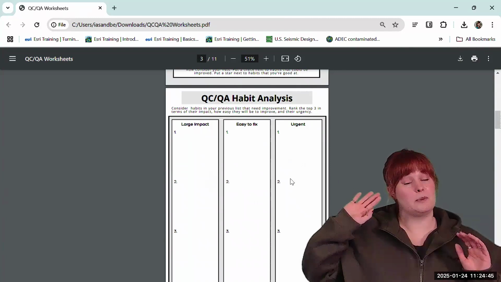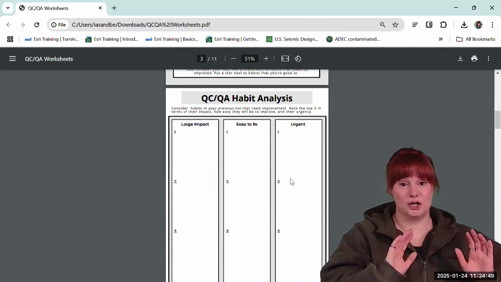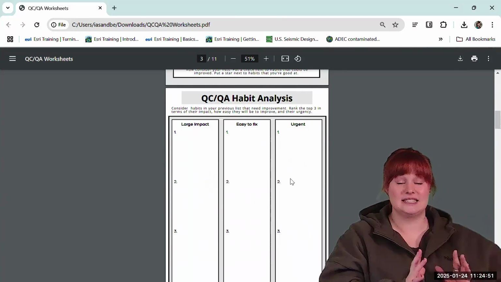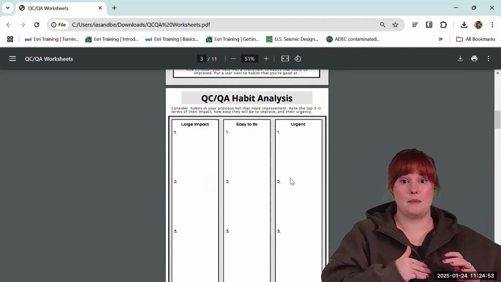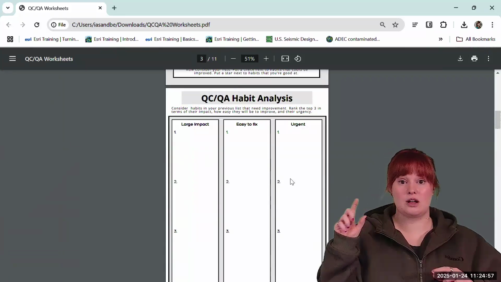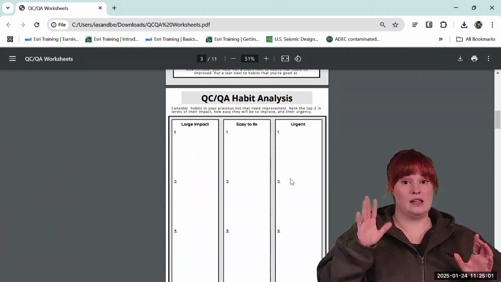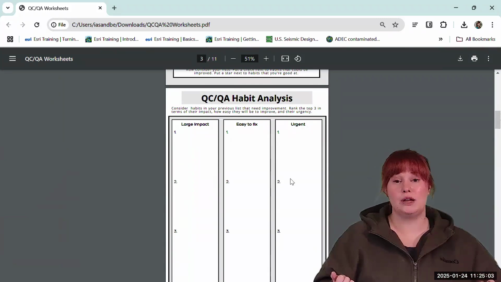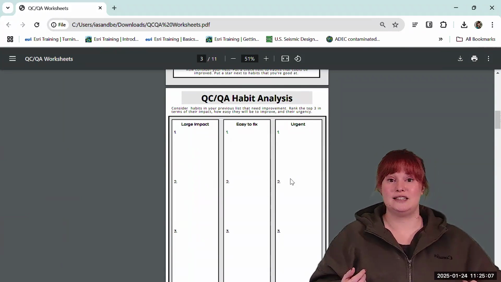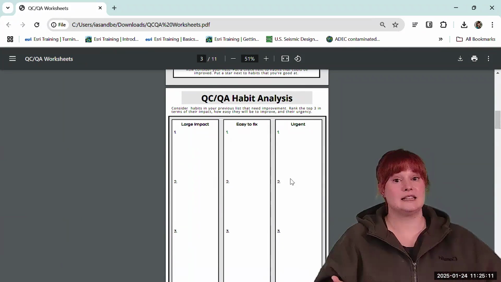And then stop thinking about how easy they are or how big of an impact, how urgent is it that we need to fix this, and rank those top three. And then once you've done that, you may see a pattern. Maybe there's a couple of things that are showing up in each of those three columns. If there are, now you know how to prioritize what to start with in terms of improvements. And then, once you have done those improvements, you can go back and look at this to get some more ideas.